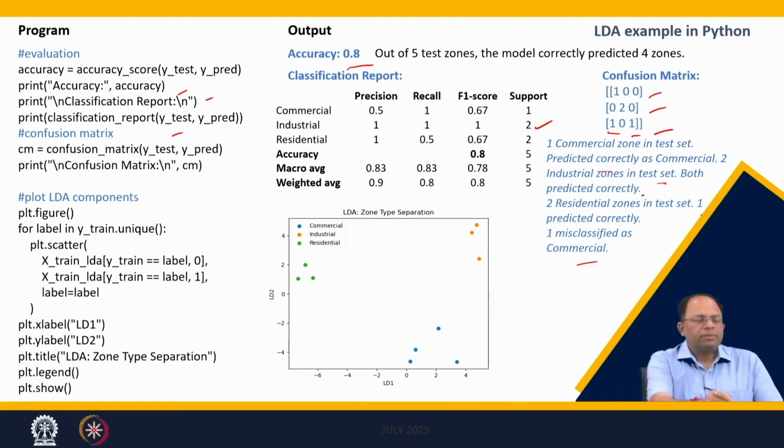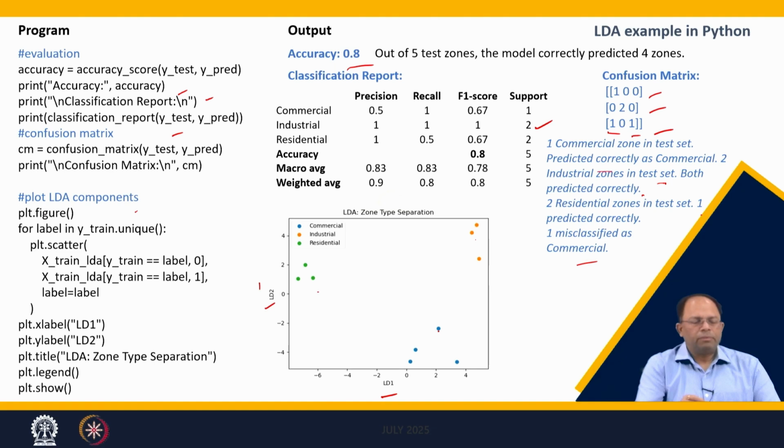Then we are plotting the LDA components in a figure. We are plotting the different classes along the LDA1 and LDA2 directions, that is, the projected data. We are also giving different colors for the different classes: commercial in blue, industrial in saffron, and residential in green.